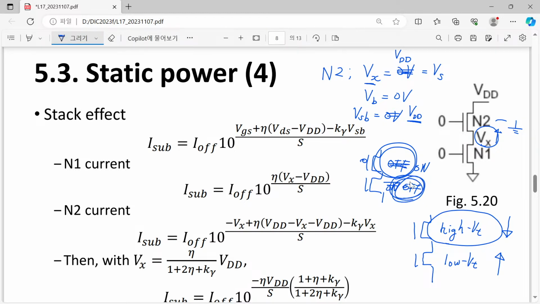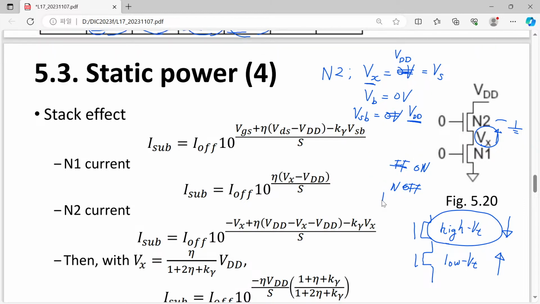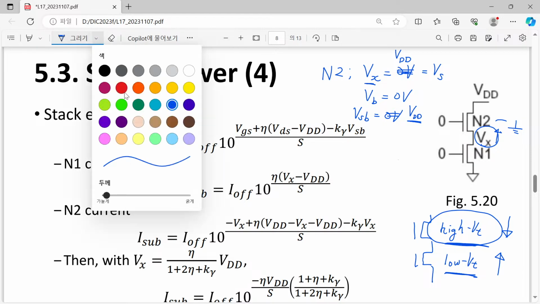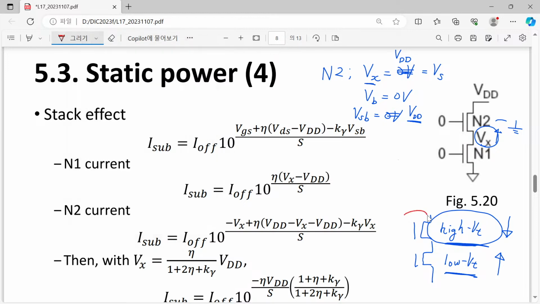This one determines the current. So simply speaking, if we have two different devices having different levels of off current, then you can easily understand the overall path current will be determined by this guy, which has lower leakage current.